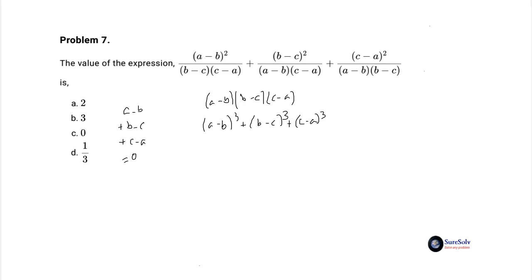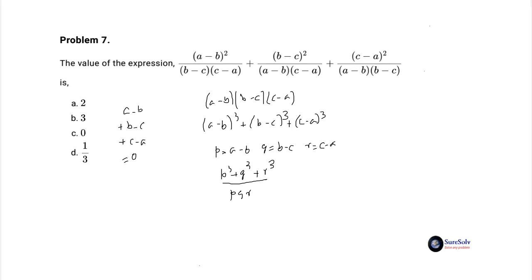For ease of manipulation now, introduce the dummy variables for the substitutions p equal to a minus b, q equal to b minus c and r equal to c minus a, so that the target expression is changed to a simple form of p cube plus q cube plus r cube divided by pqr with p plus q plus r equal to 0.